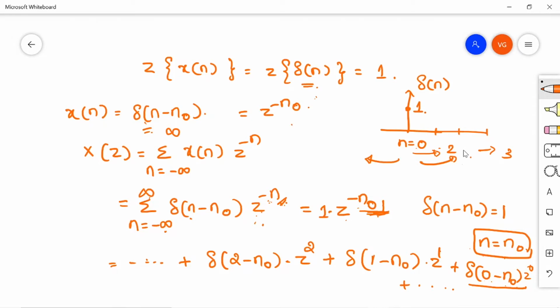Similarly, if the signal is delta(n plus n0), then the Z transform is z^(plus n0). If it is a plus shift, you get plus n0; if it is minus n0, you get z^(-n0). This is how the Z transform is defined for the impulse function and its variations.